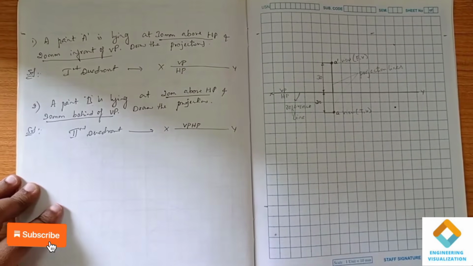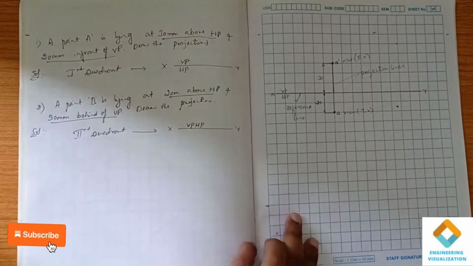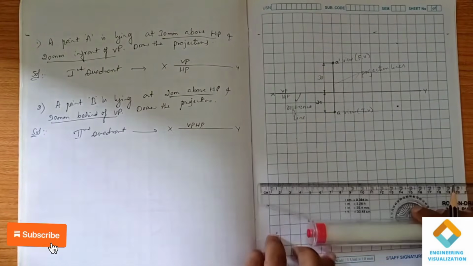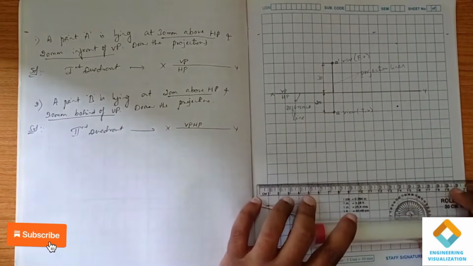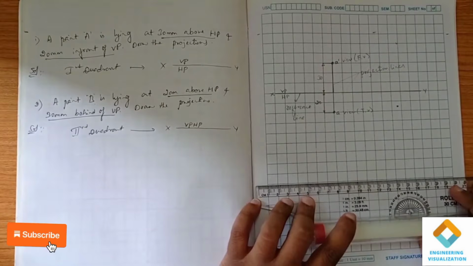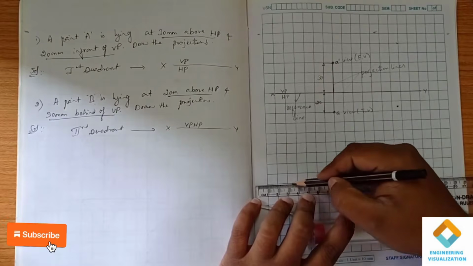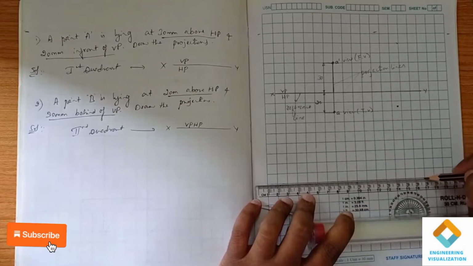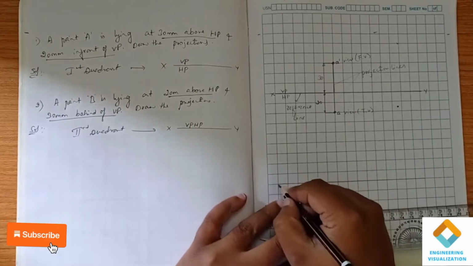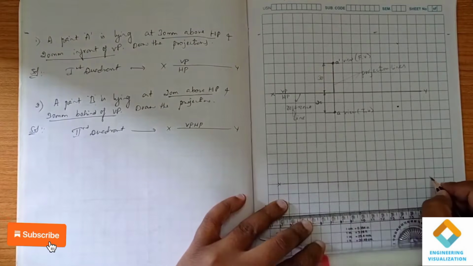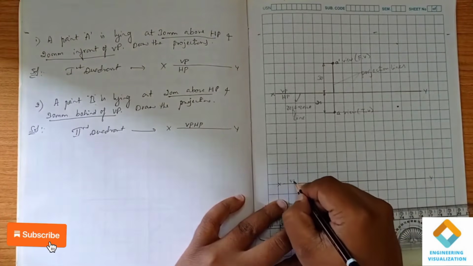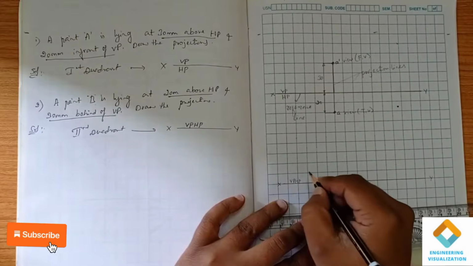Now we draw. First we draw an XY line. So both VP and HP are lying above the XY line.